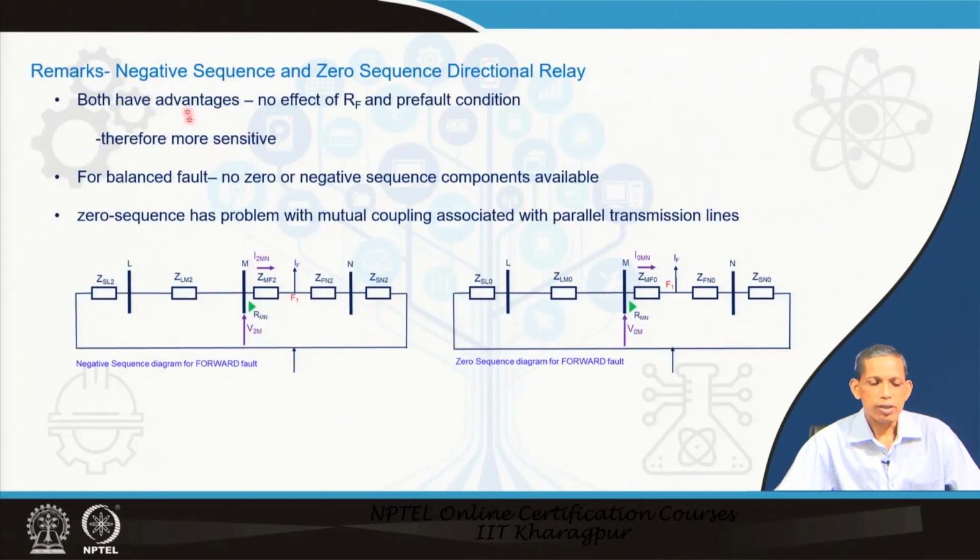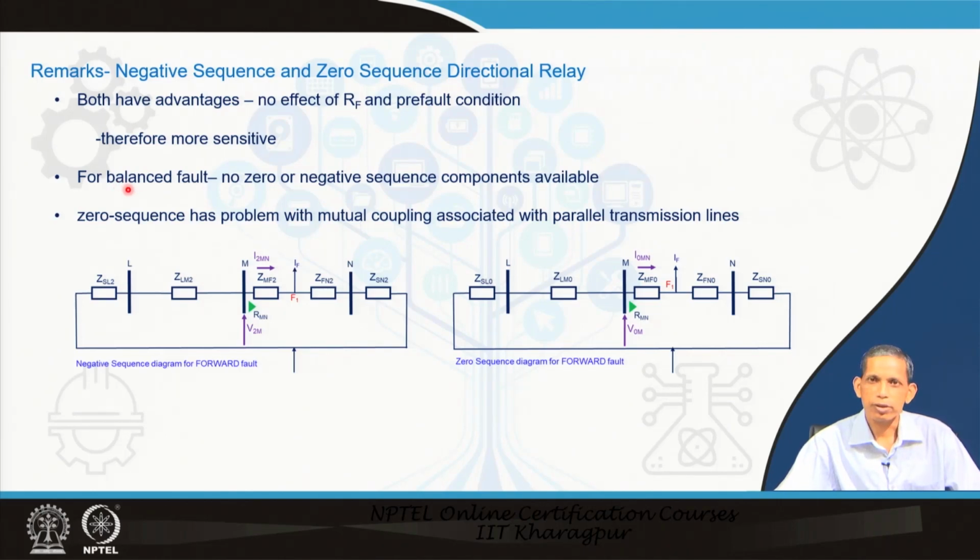Now, in general remarks, the negative sequence and zero sequence directional relays both have advantages over positive sequence, because they are not affected by RF and also not affected by the pre-fault conditions, because systems generally operate close to balanced condition. So there is no negative sequence or zero sequence component in normal times. Therefore, such an approach is also more sensitive, because the effect of pre-fault is negligible.